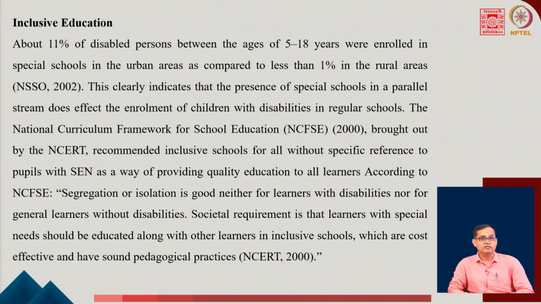According to the National Curriculum Framework, segregation or isolation is good neither for learners with disabilities nor for general learners without disabilities. The societal requirement is that learners with special needs should be educated along with other learners in inclusive schools, which are cost effective and have sound pedagogical practices.